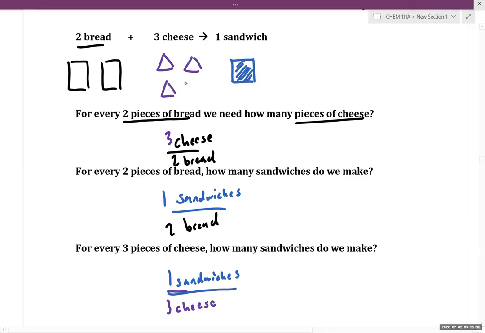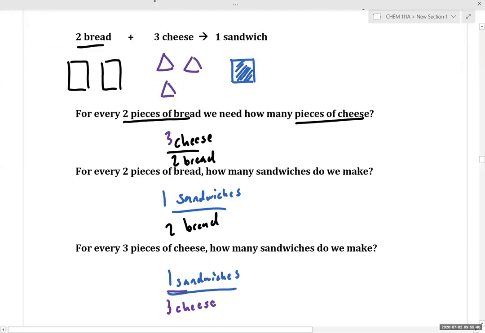Okay, so let's take this one step further. We are able to generate each of these ratios, which we like to call a stoichiometric ratio. The stoichiometric ratio provides us a relationship between the moles of one species in a chemical reaction and the moles of another species in that same chemical reaction.